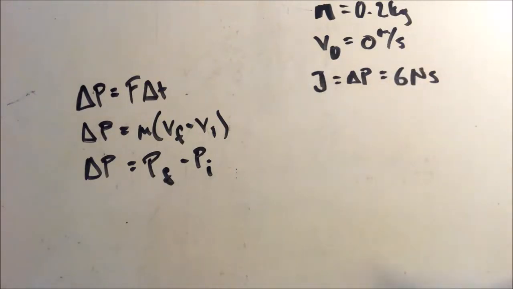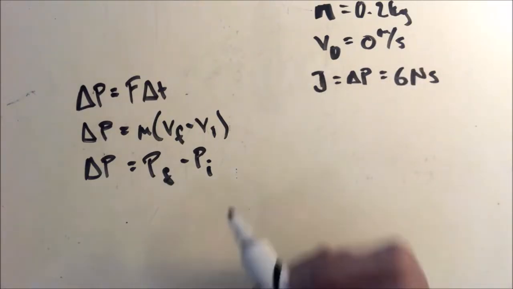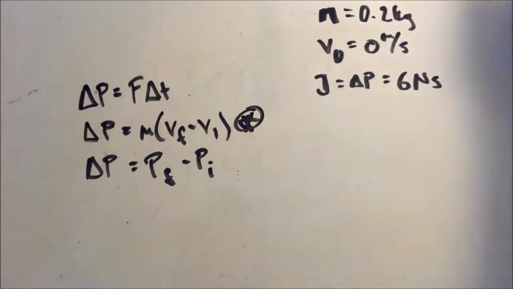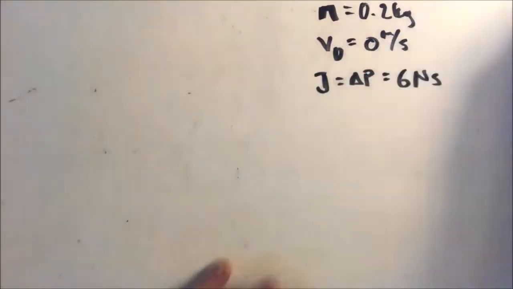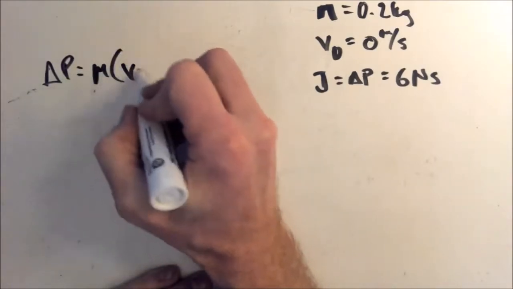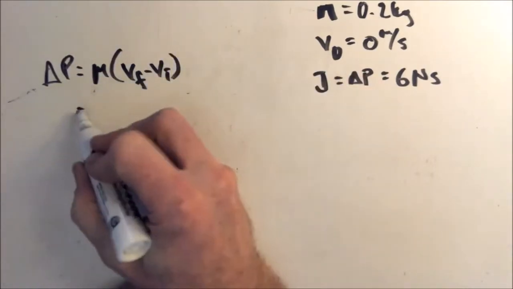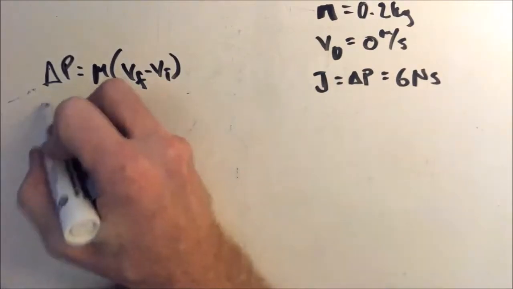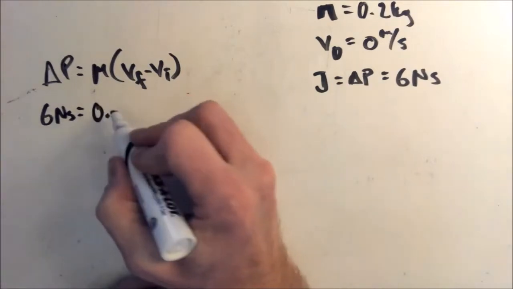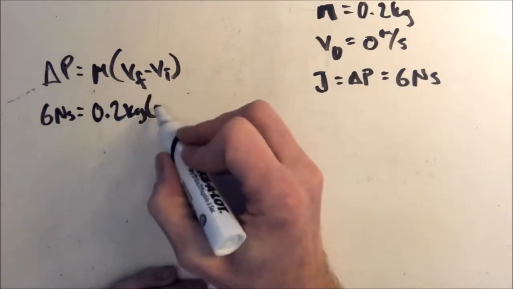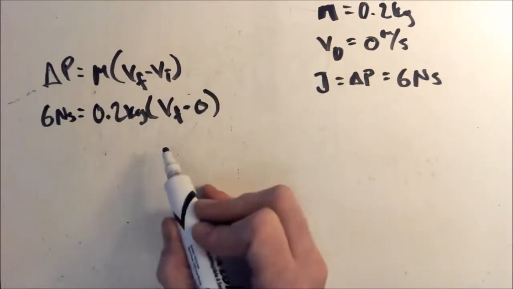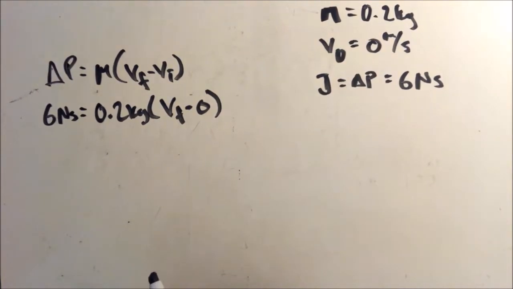We know an initial velocity, and we're asked to find a final velocity. So that gives us this equation right here as the only one that can tell us what we want to know. So delta P equals mass times Vf minus Vi. We know our delta P is 6 Newton seconds, and we know our mass, and we know our initial velocity, which leaves us with only one unknown, so we can solve this equation.